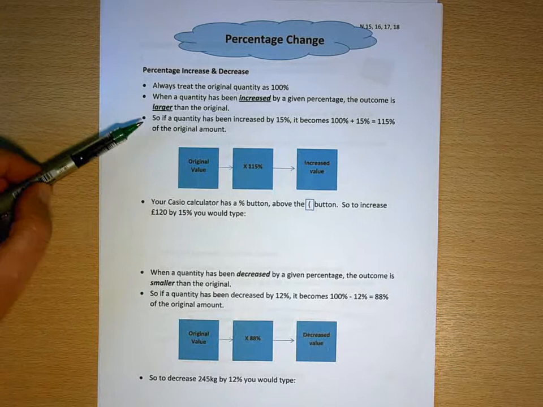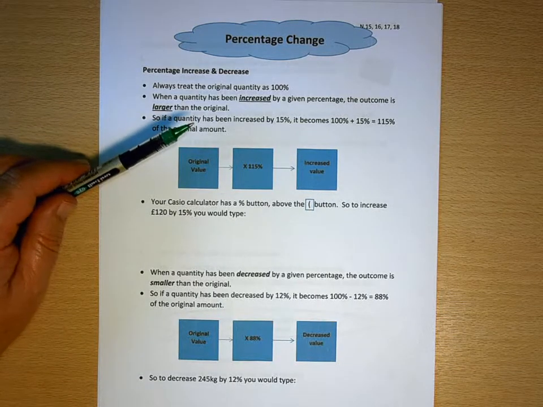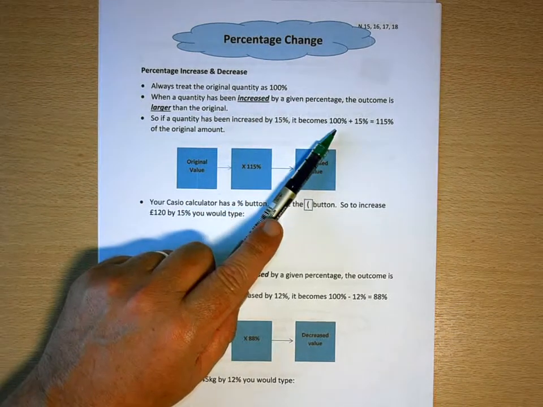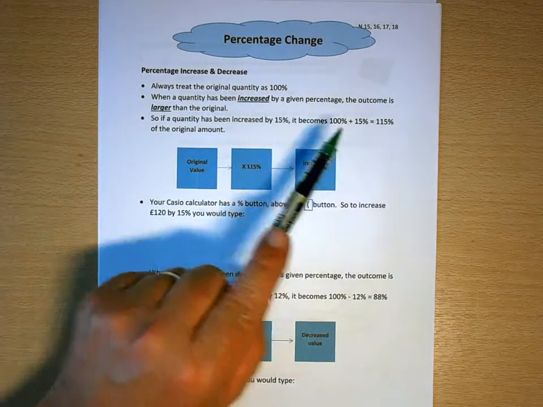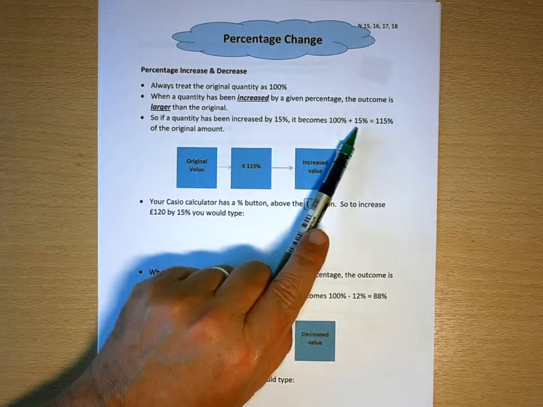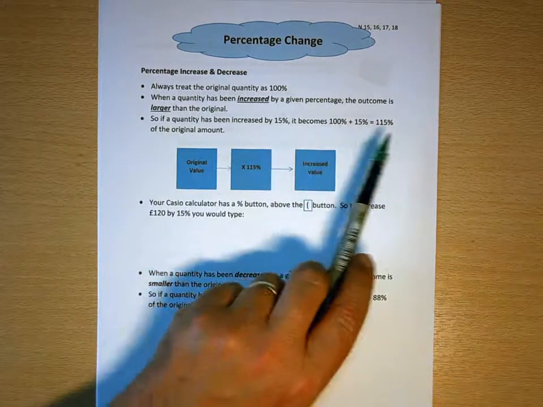So as I've said here in my example, if a quantity has been increased by 15%, that means the original amount, which is 100%, has also been increased by 15%. So you've got your original amount and an additional 15%. So you're working with 115%.